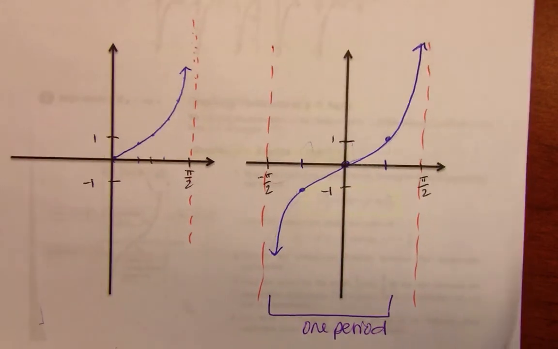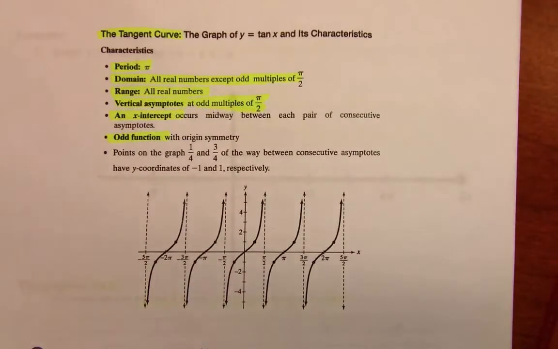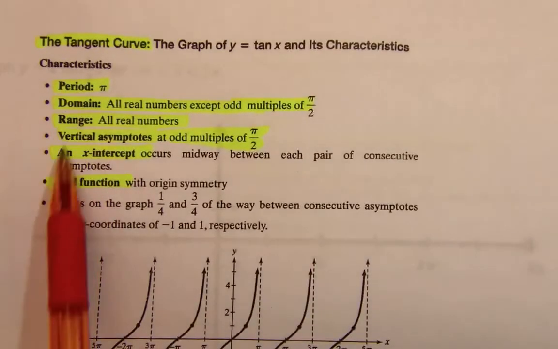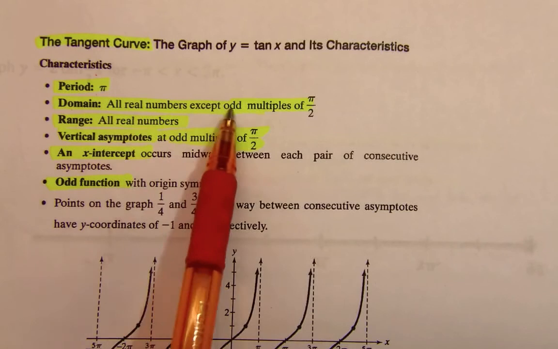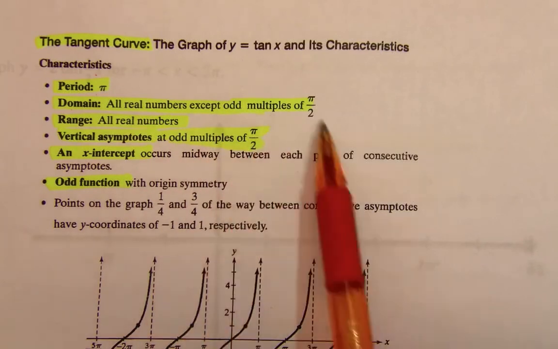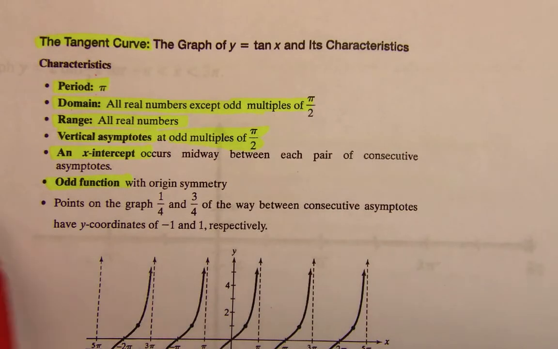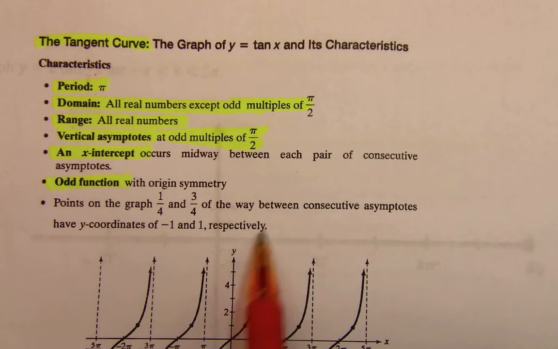And I'm going to go ahead and flip the page and look at an example. Or actually, before we look at an example, we're going to go over some more information. I'll zoom in for you here. So notice that this is some information about the tangent graph. We know the period is pi. Looking at the domain, it's all real numbers except odd multiples of pi over 2. So 1 pi over 2, 3 pi over 2, 5 pi over 2. And then the range, the y values, is all real numbers because it shoots off to infinity in both directions.